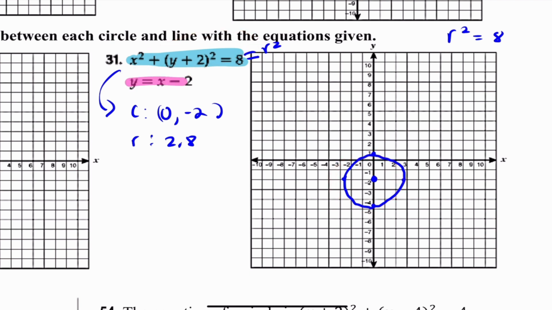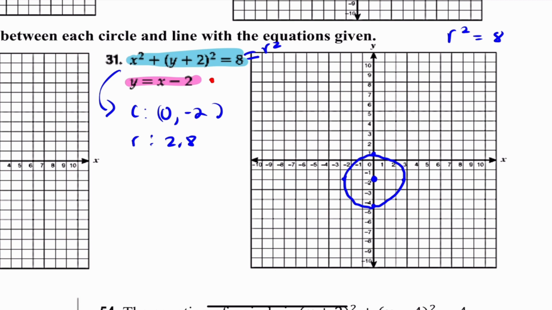I'm going to go ahead and graph the equation in pink, which I'll use red for when I'm graphing, actually. y equals x minus 2, that's in the form y equals mx plus b. So your slope is 1 and your y-intercept is negative 2.